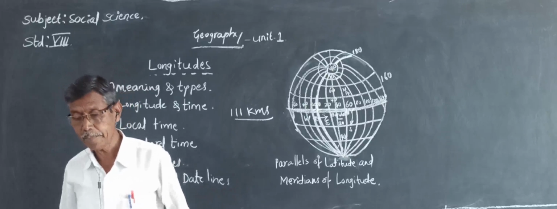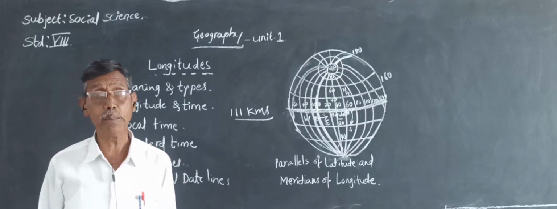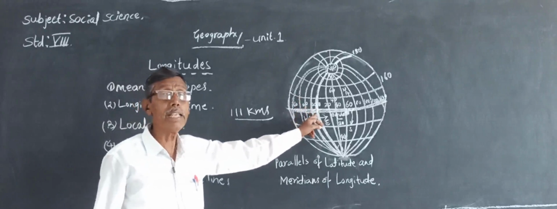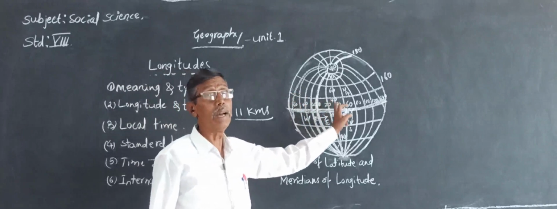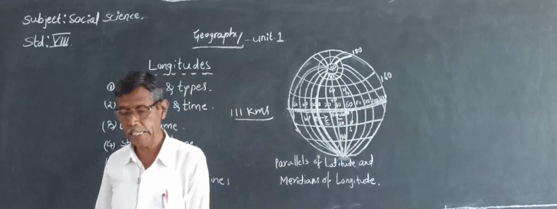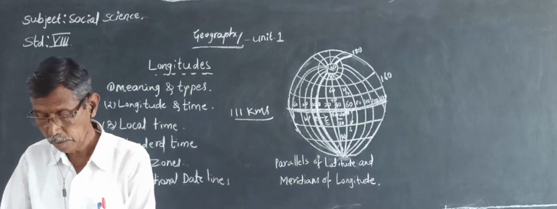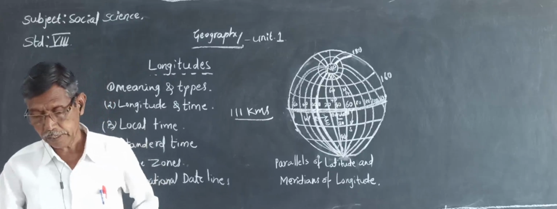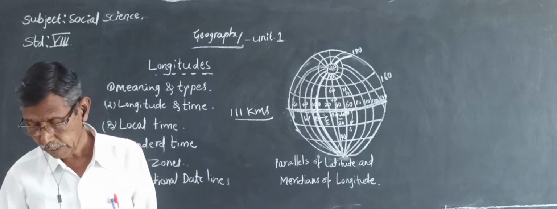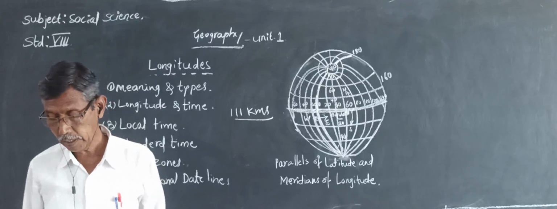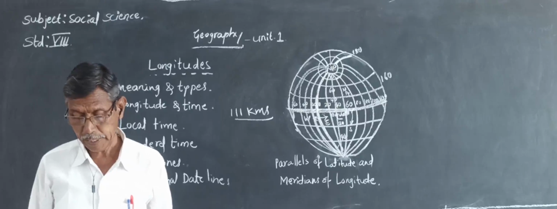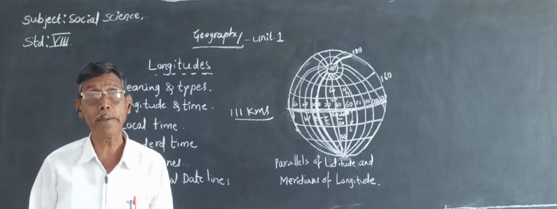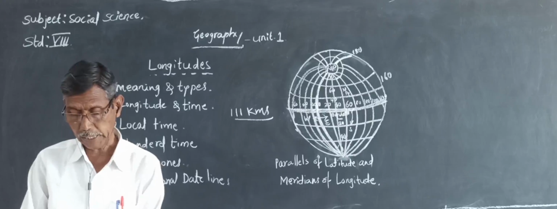Now the standard time. The local time varies from place to place, or from one longitude to another longitude. To avoid such confusion, where each place would have to follow its own local time, many countries follow a uniform time throughout the country.